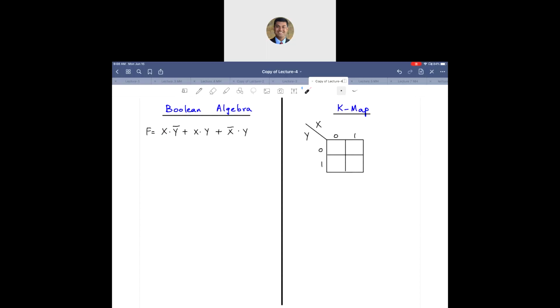So what I'll do first is I will fill out the K-map for this particular logic function. So I will highlight these first. So let's say this is blue, and say pink here, and say yellow here, right? The first product term for f is x and y complement. So where should I put a 1? I should put a 1 when x is a 1, y is a 0, right there.